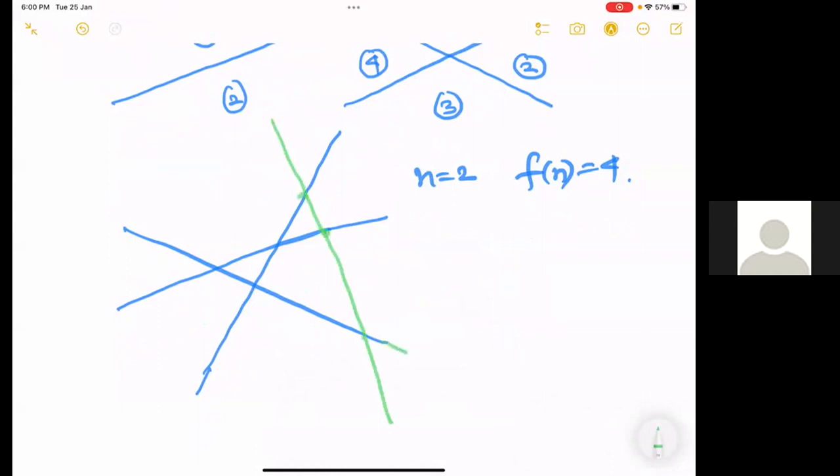can you just make the argument concrete? Sir, actually each intersection produces a new region. Good. I mean, this fourth line will intersect with the previous three lines in three different points. But one thing, Nilabjo, you are right, but be a little bit more careful. Like how many regions it intersects, that we have to understand, right?